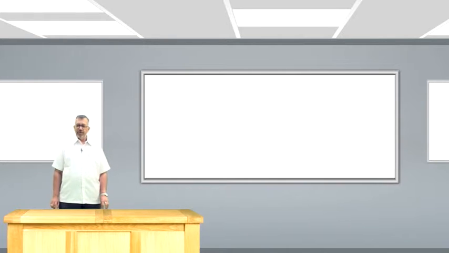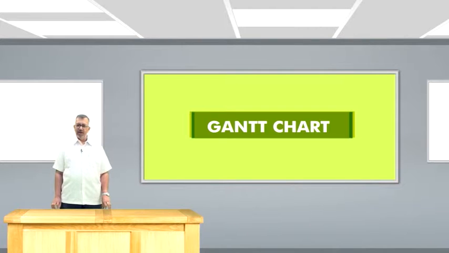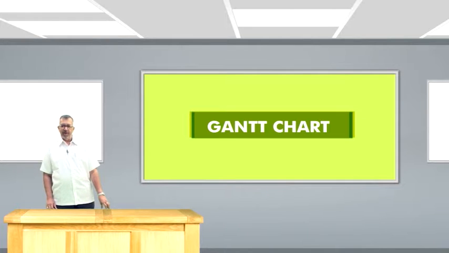We also talked about the Gantt chart in the beginning. What is this Gantt chart? Henry Gantt, who lived from 1861 to 1919, started using and developed these charts, and he is also known as the father of project management. The charts involve preparing bar charts.